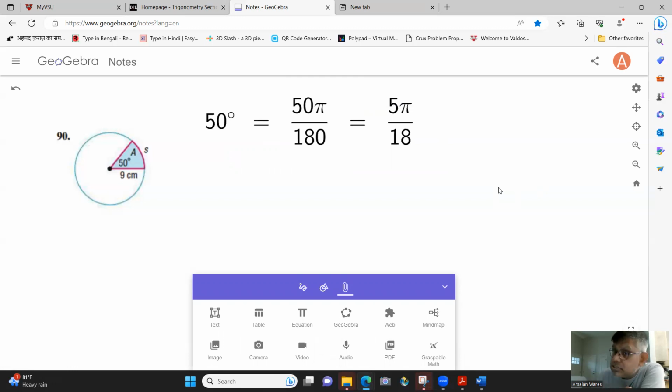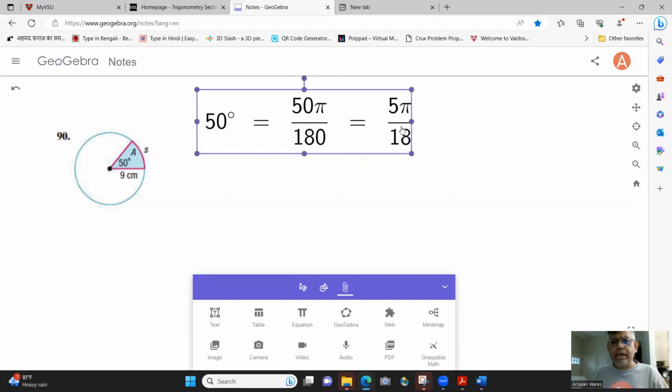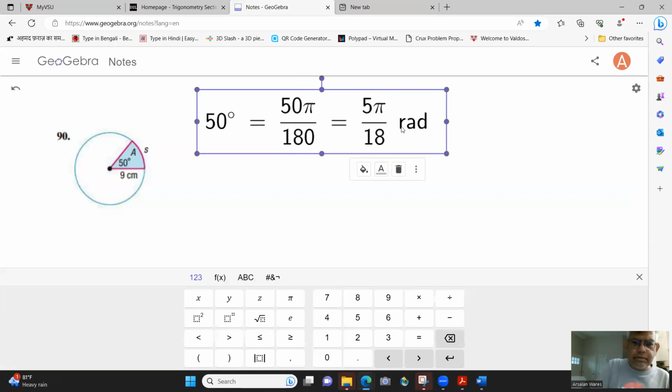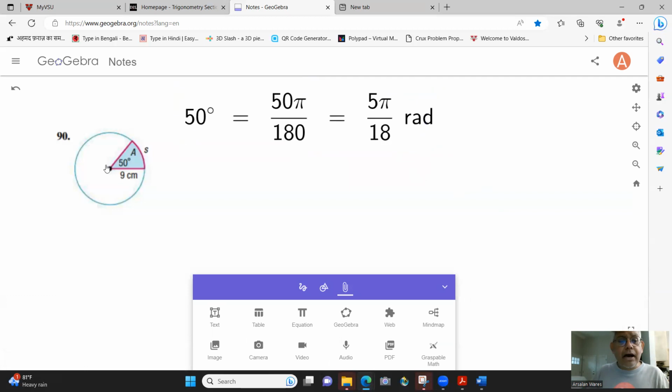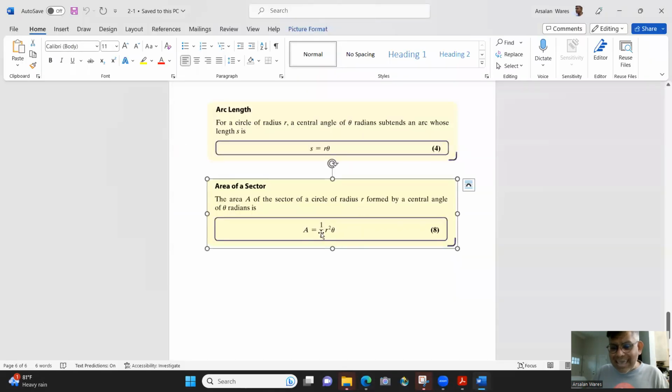The question is, I use the same technique. I started with pi is equal to 180, divided both sides by 180, and then I multiplied both sides by 50. This is what you're going to get. If you really want, I can write radian just to keep things straight. All right. So this is something you have to calculate. Fine. Remember that second formula right here, A is equal to half r squared theta.